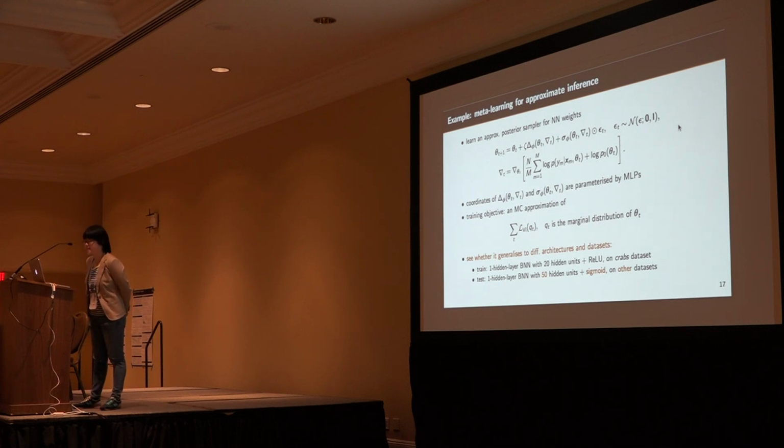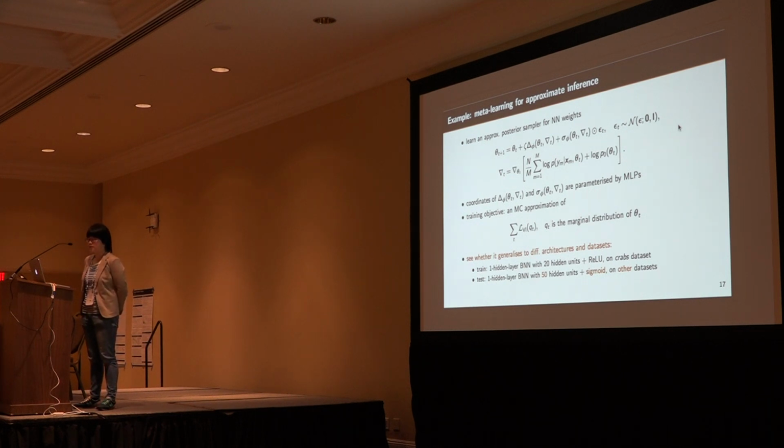So here you take in the current location of your parameter and the stochastic estimation of the gradient of the log joint at the current location, and then you plug that into a neural net, and the neural net will output the next value of your parameters.